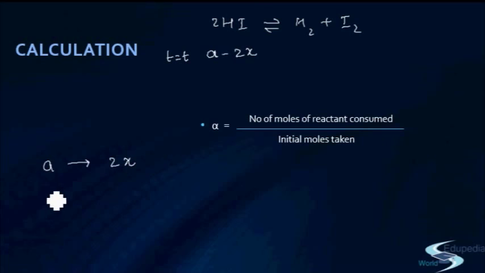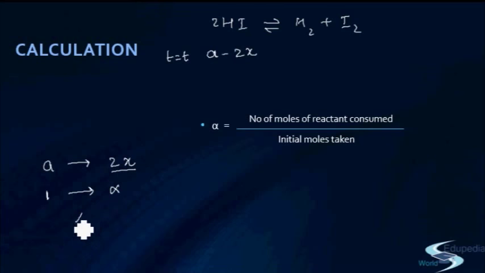So how much of HI will get consumed if I had 1 mole? That is going to be alpha. Alpha is always the amount consumed with respect to 1 mole. So if A moles leads to consumption of 2x, 1 mole initial amount will lead to consumption of alpha.